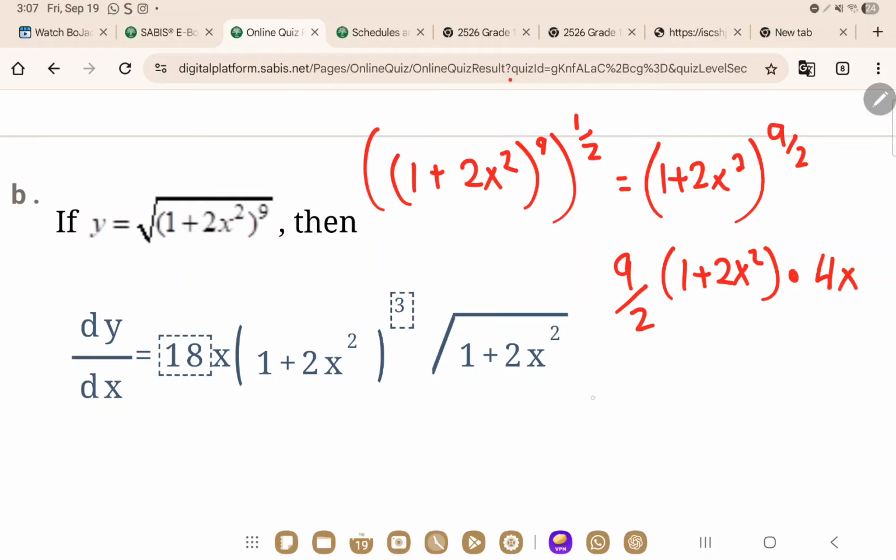So when we do that, it's going to be 18x, because you multiply 9 over 2 times 4x, into 1 plus 2x squared, to the power, oh yeah, I forgot, it's 7 over 2 here. My bad.